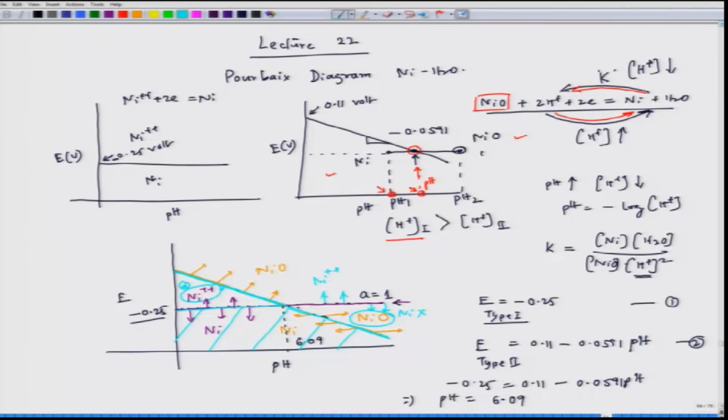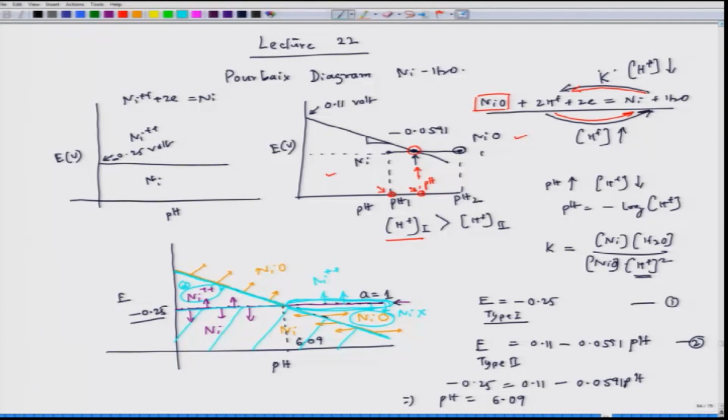So this particular region of the line should not exist, because that line indicates the equilibrium between Ni and Ni plus plus, but in this particular zone we have NiO, after seeing the type 2 reaction.